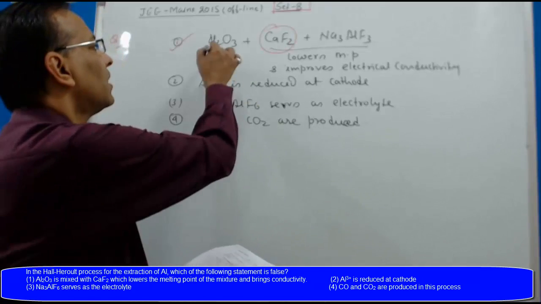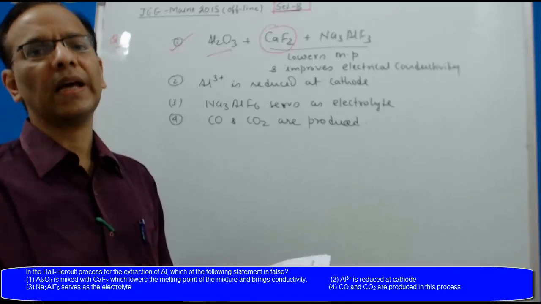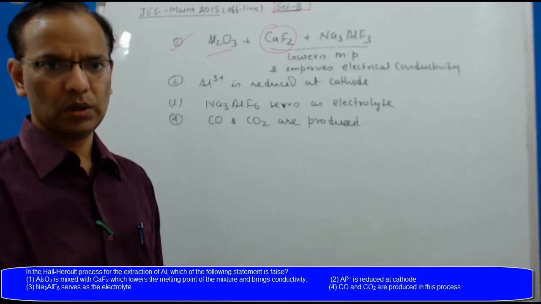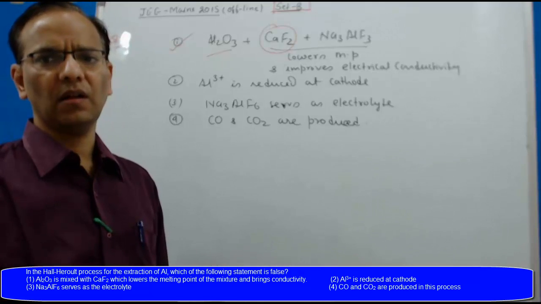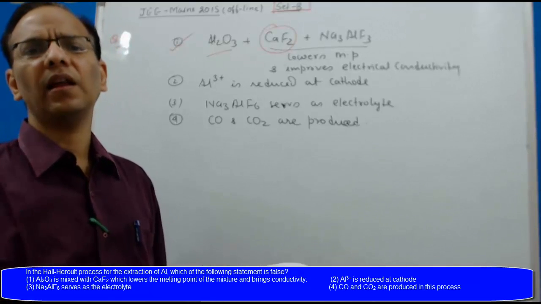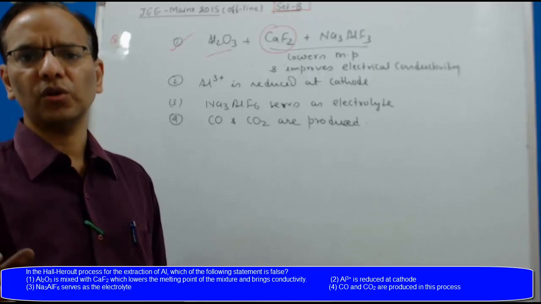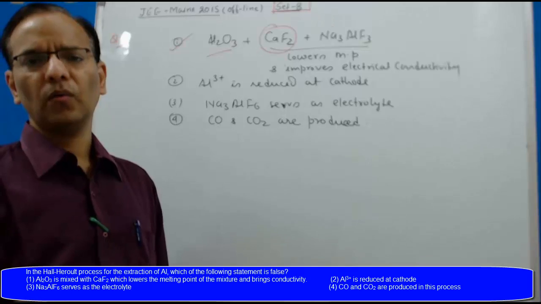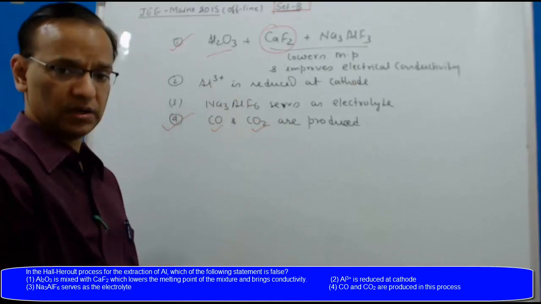During the extraction by the electrolytic method, oxygen gas is produced at the anode, and since electrolysis occurs at very high temperature, some of the oxygen reacts with carbon of the anode. A graphite anode is used here, and carbon of the anode forms both CO and CO2, so this is also correct.